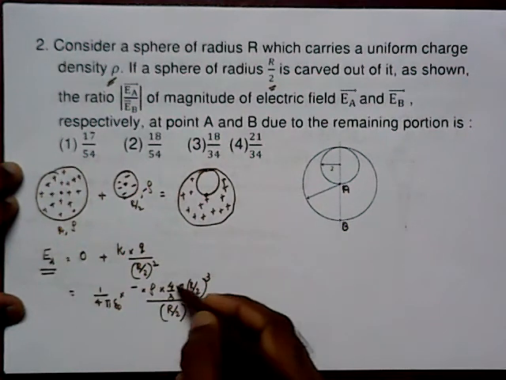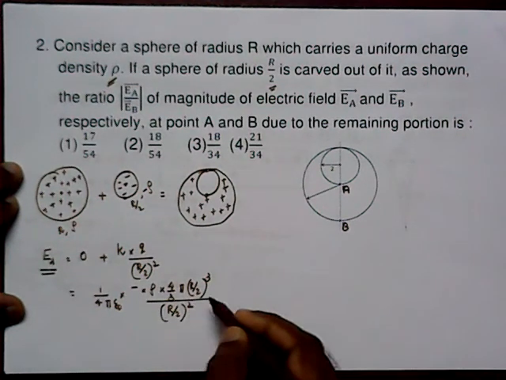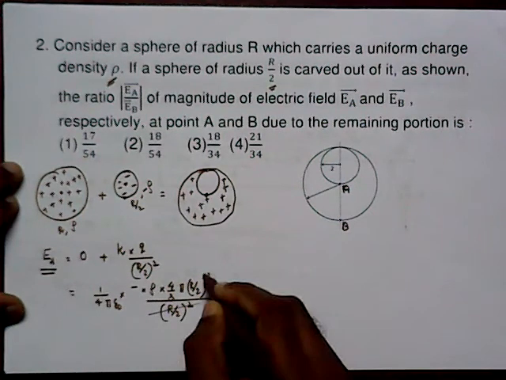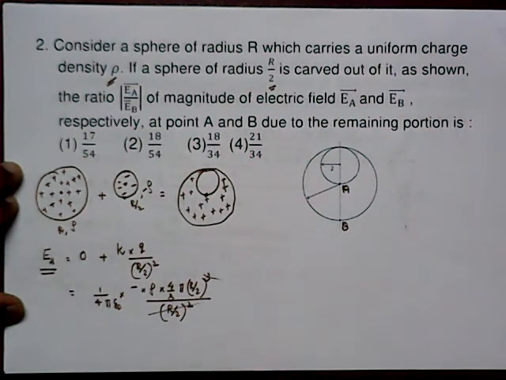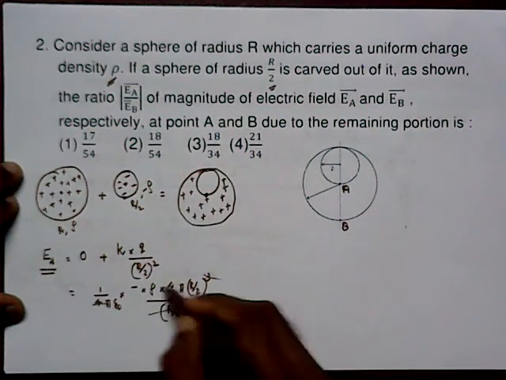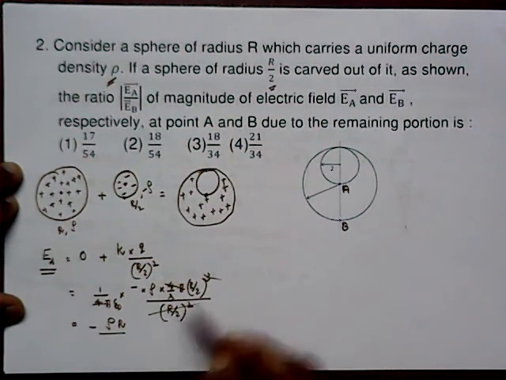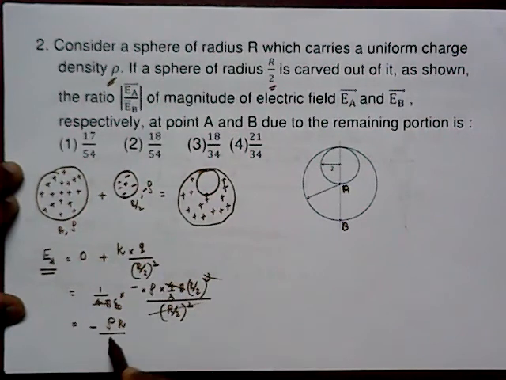So you can cancel that R by 2 square, remaining R by 2. So 4 pi cancel. So you get the value as minus rho R divided by 3 into 2, that is 6 epsilon 0.